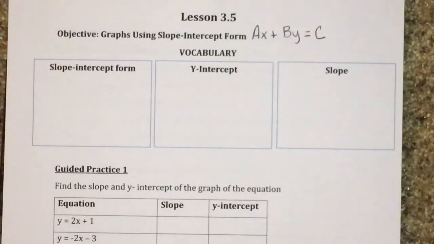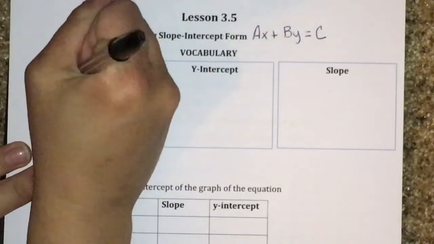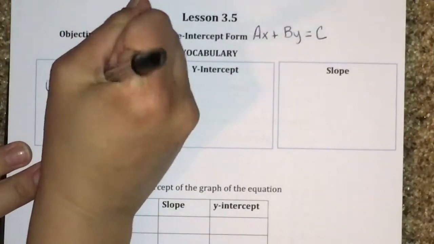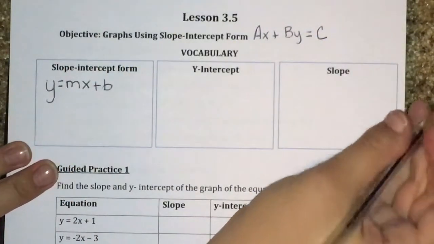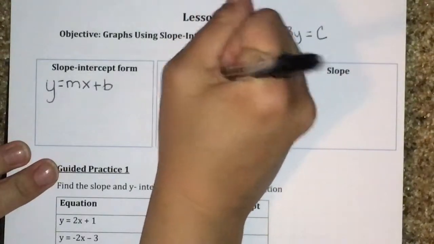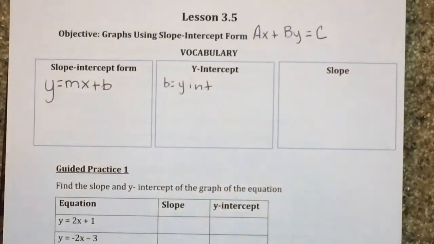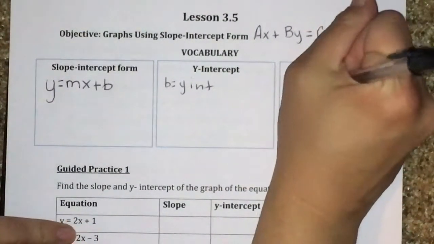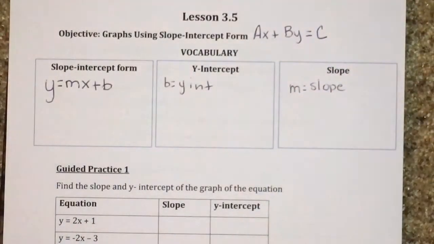Well, slope-intercept form is y equals mx plus b, where your y-intercept is b and your slope, that thing that we were finding in lesson 3.4, is going to be your m in this case.